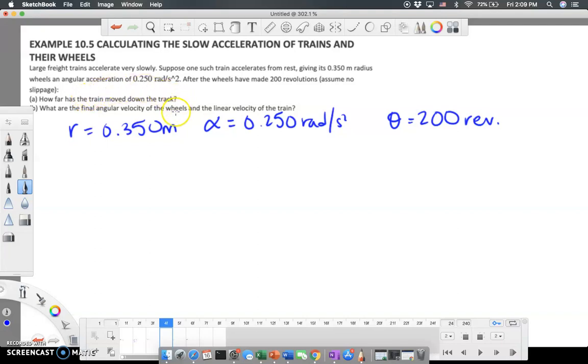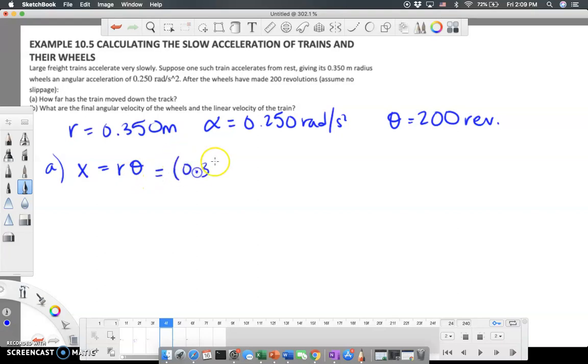how far has the train moved? Well, remember from our last problem, we said that our distance is going to be r times theta. And remember that theta, we will need to convert since it's in revolutions. So keep that in mind.